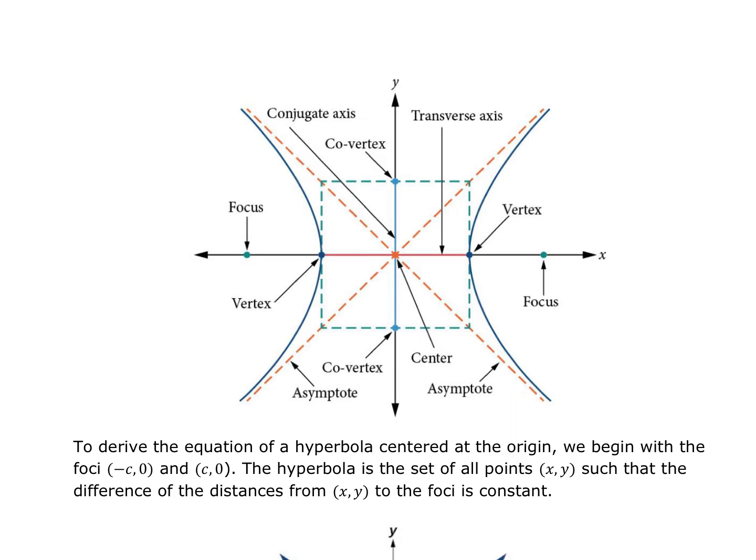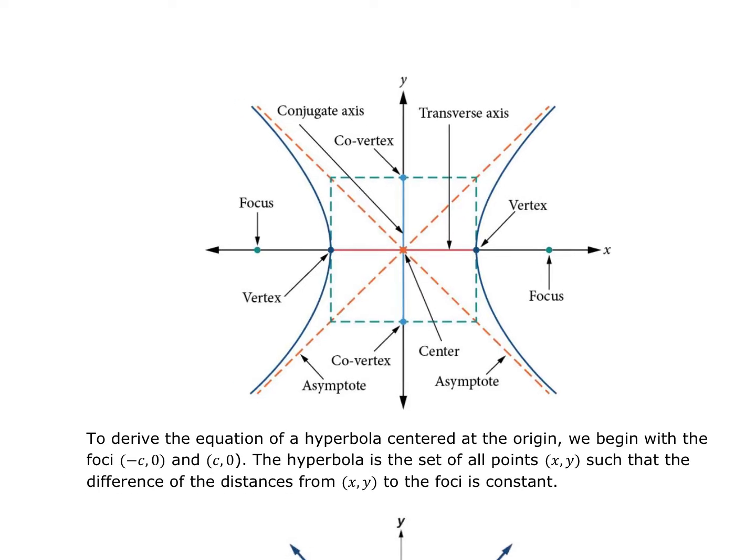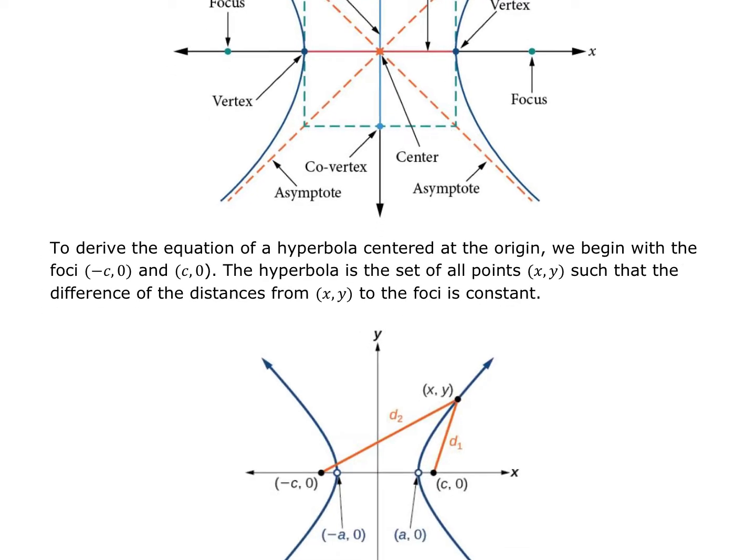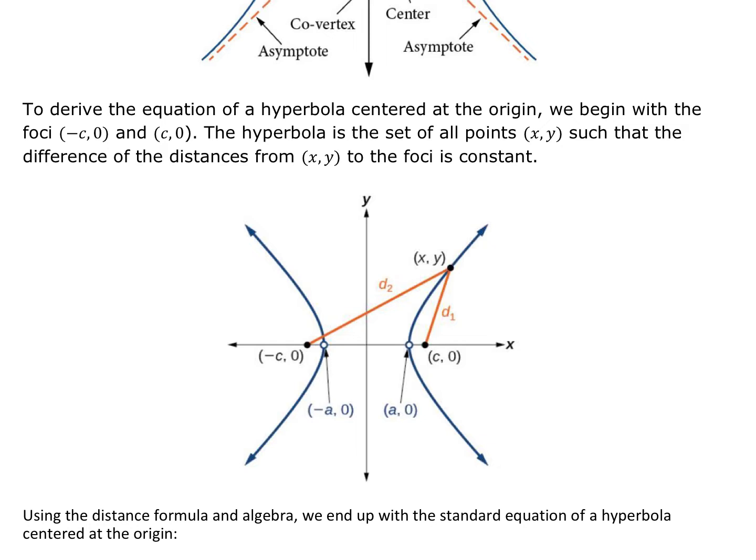If we start with the hyperbola centered at the origin, our foci are negative c, 0 and positive c, 0. The hyperbola is the set of all points in which the difference of the distances is a constant. So this is what it means. The difference is the distance, not the sum. Ellipses are the sum. Now notice here's d1, d2.